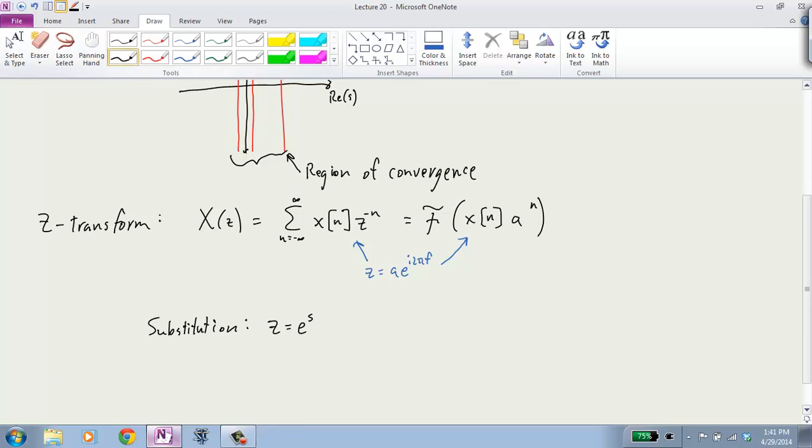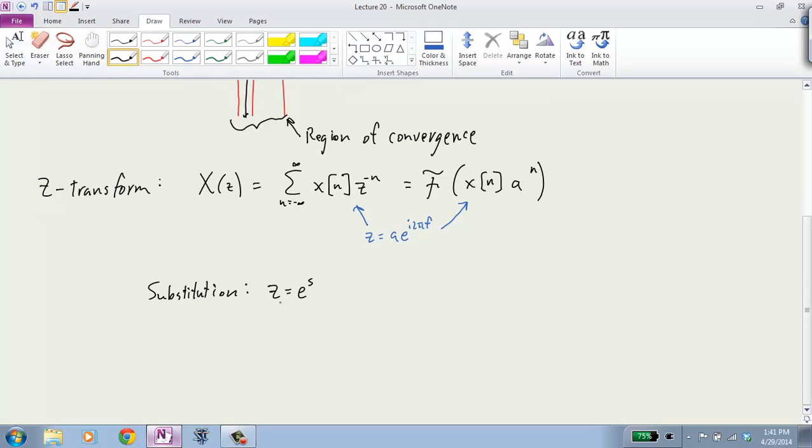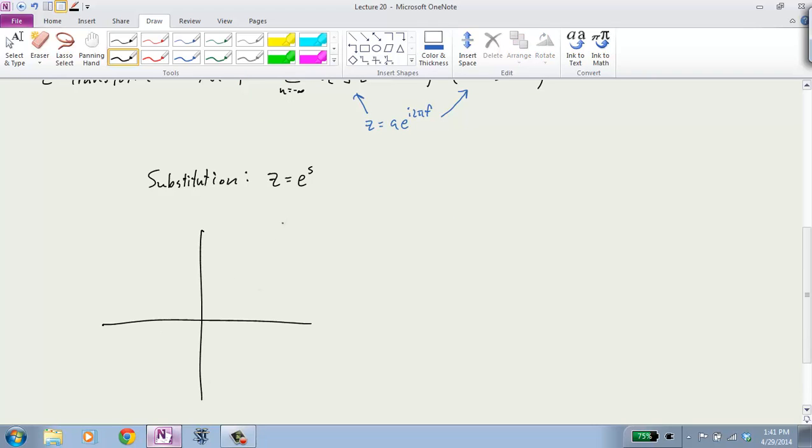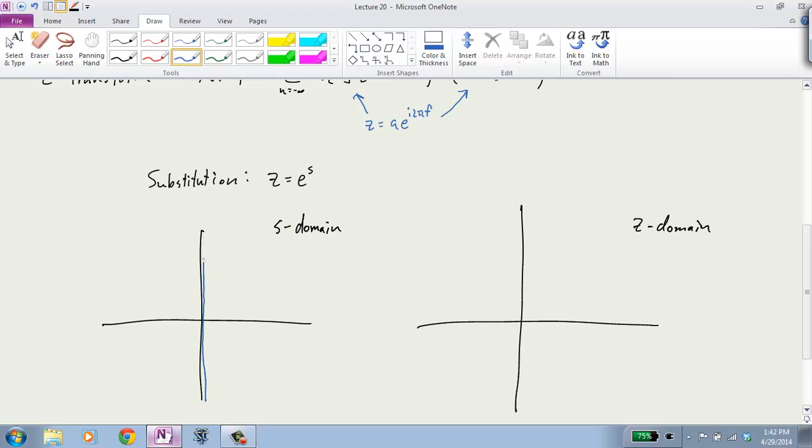And if you think about that mapping of the space of s, taking e to the s, you get a mapping like the following. If this is the s space, and here's the z domain, then what you have is that vertical lines, for example, the imaginary axis here, map to the unit circle over here. Let's check that. So there's one.